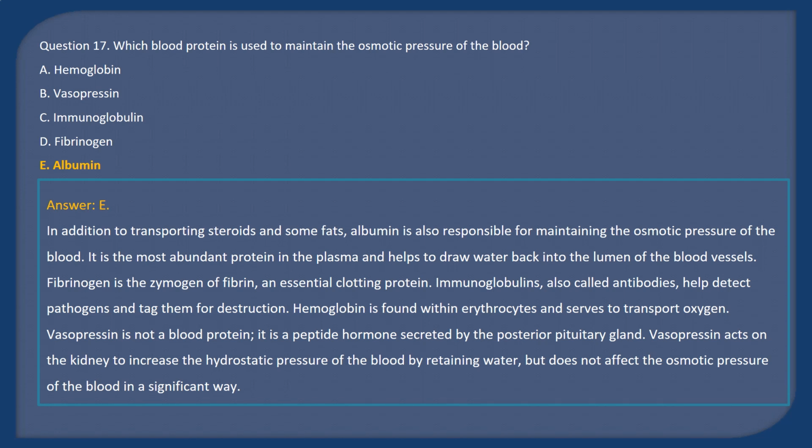Vasopressin is not a blood protein, it is a peptide hormone secreted by the posterior pituitary gland. Vasopressin acts on the kidney to increase the hydrostatic pressure of the blood by retaining water, but does not affect the osmotic pressure of the blood in a significant way.